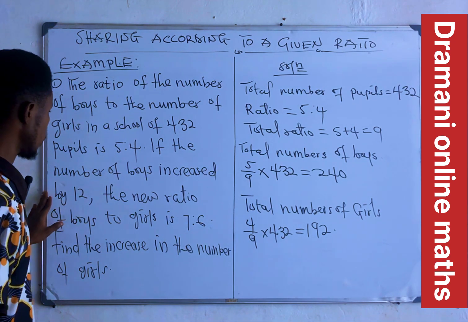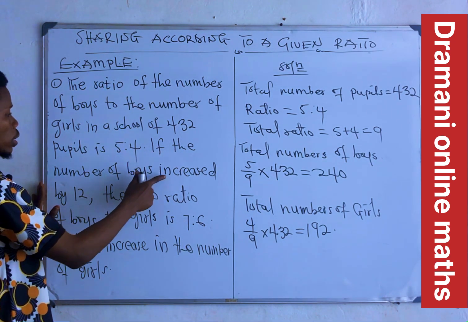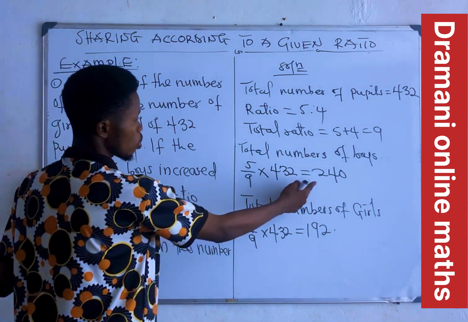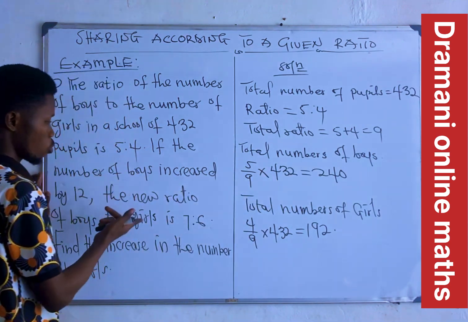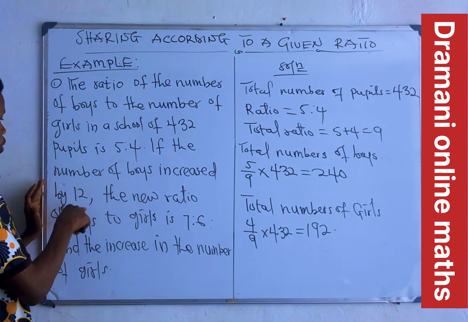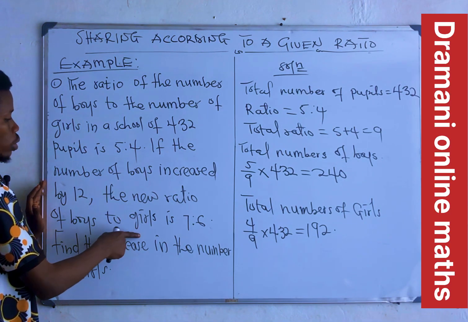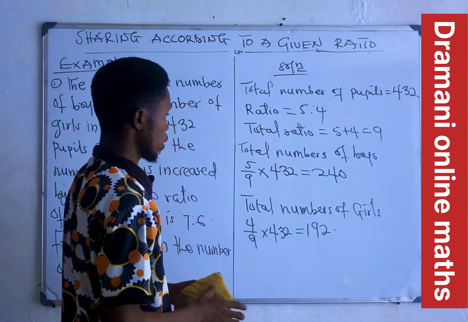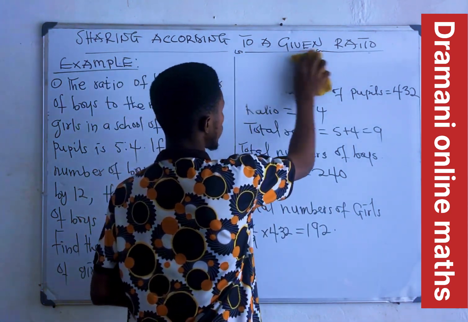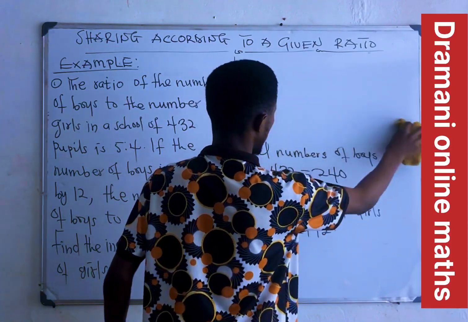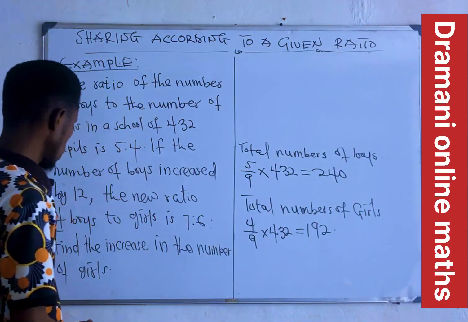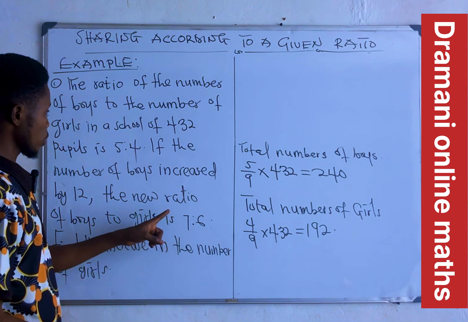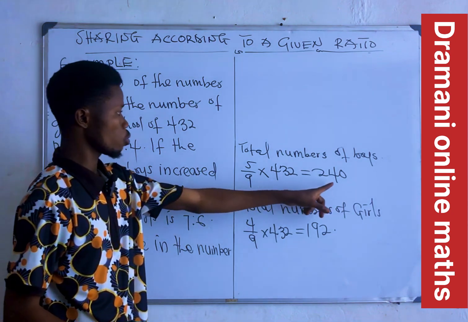The other question said, if the number of boys increases by 12, it means that if the number of boys were 240, and you increase this by 12, the new ratio of boys to girls is 7 is to 6. So look at what you are going to get. Let me clean the top here. What they are trying to say is that the number of boys is 240.